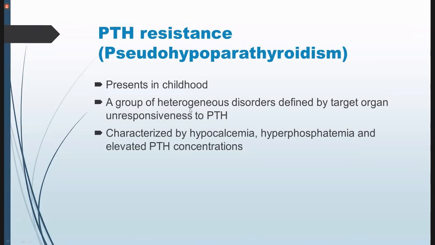This is a group of heterogeneous disorders defined by target organ resistance. The PTH is secreted in the normal amount, but it is not able to act on its receptor at the tissue level. This is characterized by hypocalcemia, hyperphosphatemia, and the PTH is also elevated because low calcium gives feedback that PTH is not there, so PTH is continuously released.